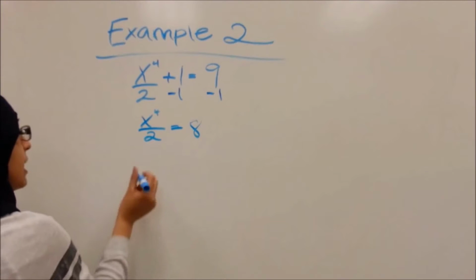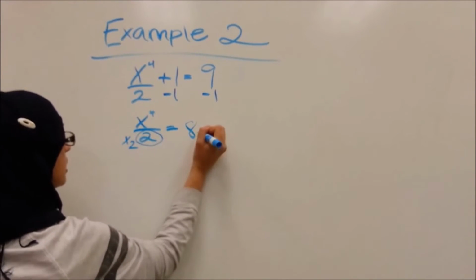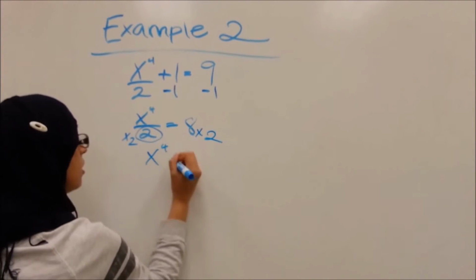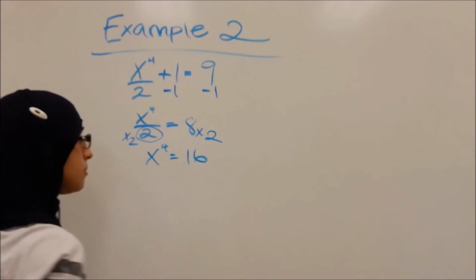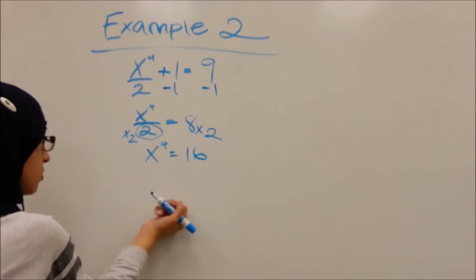After that, we got to get rid of this right here. So what do we do? We multiply by 2 on each side. That leaves us with x to the 4th equals 16. Now we have to get rid of this, so we're basically going to 4th root each side.